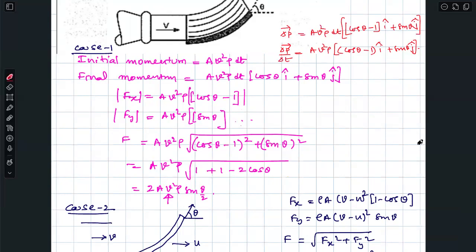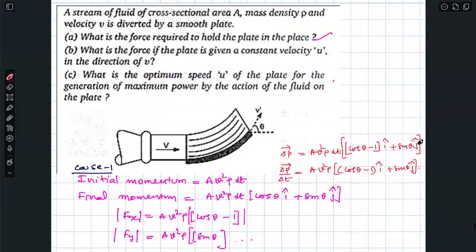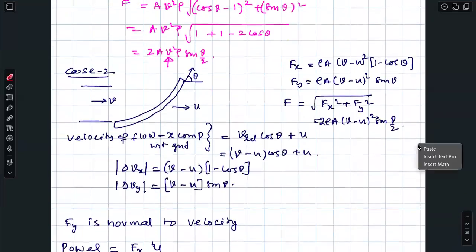But the issue is in the second case: what is the force if the plate is given a constant velocity u in the direction of v? Here, there is a small change. Remember, you had written v square. Now you should write v relative square.